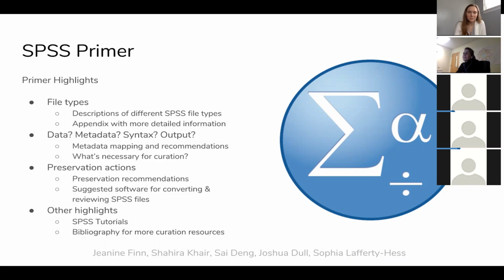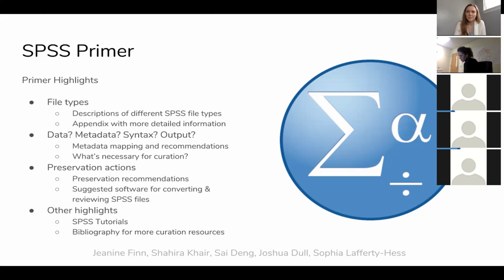The third thing was making recommendations for preservation actions. Again, we looked at a lot of different repositories and what they recommended, and pretty much all of them said they will happily take the original format, the SAV format, but at some point, whether it's the researcher or the curator, would then transform that into a CSV or a plain text as well.